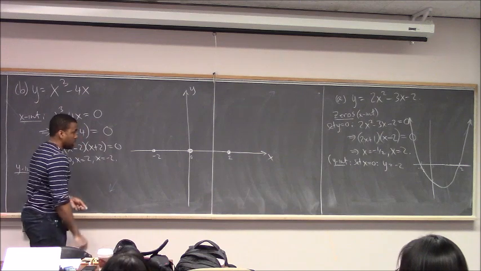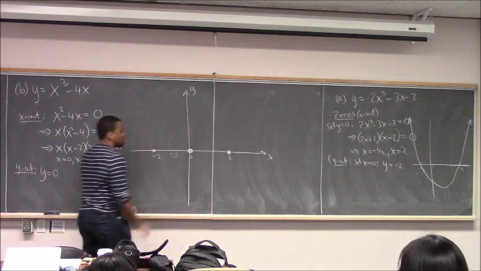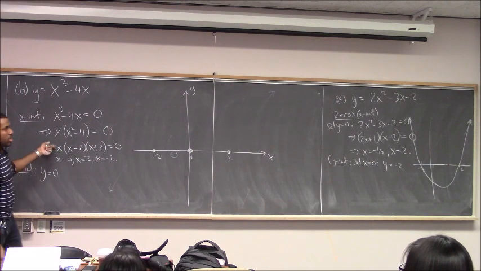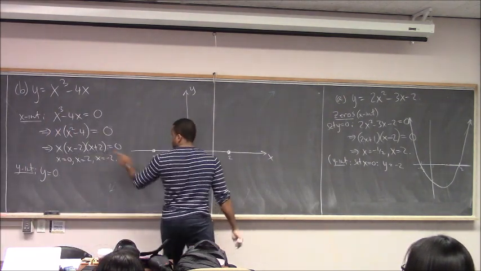So what I'm going to do is pick a random number, like -1, and plug it into the function. Now, pro tip, it's always better to plug into the factored form.